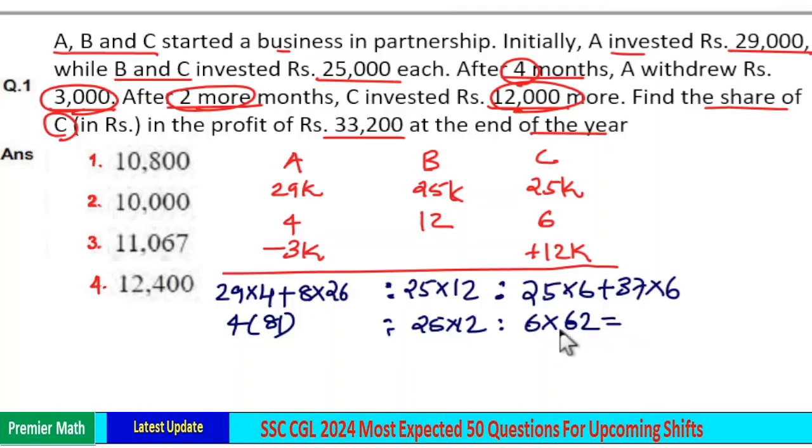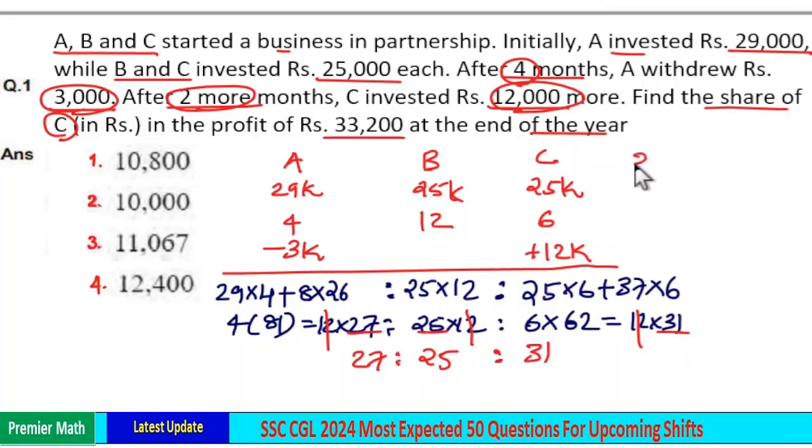So, 6 into 2 is 12, remaining is 12 into 31. Here, 3 into 27 is 81, 3 into 4 is 12, so 12 into 27. Now, I can cancel 12 from all these terms, remaining is 27 is to 25 is to 31.